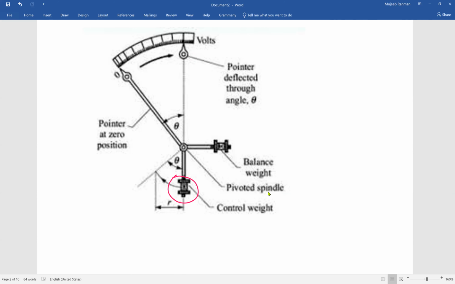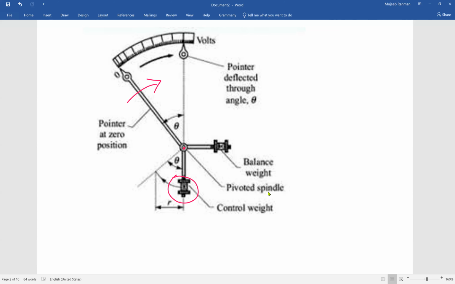So the instrument should deflect against what I call the control weight. A fixed amount of weight is attached to the moving system. The pointer cannot move until the torque produced by the moving system exceeds the control weight here.